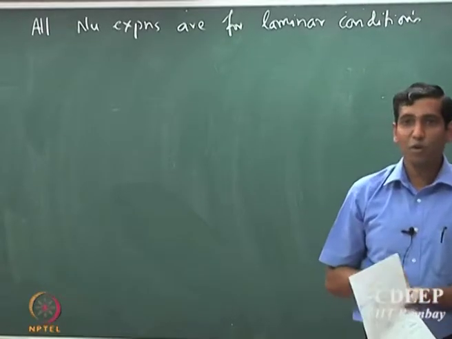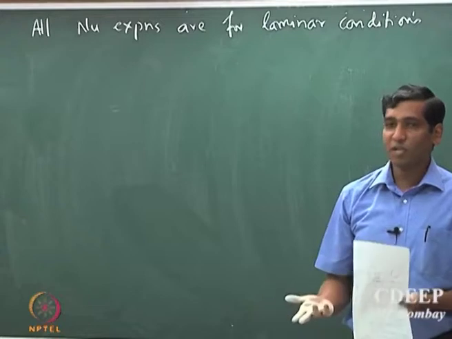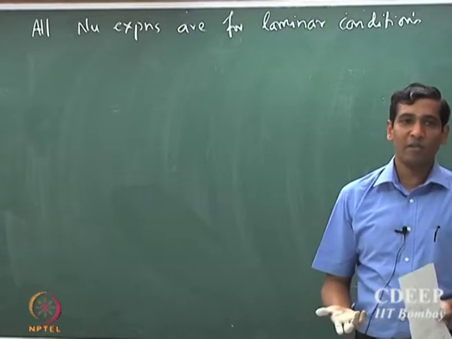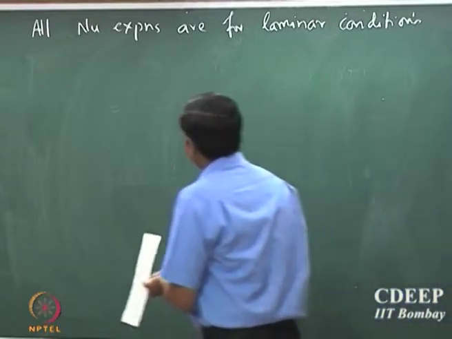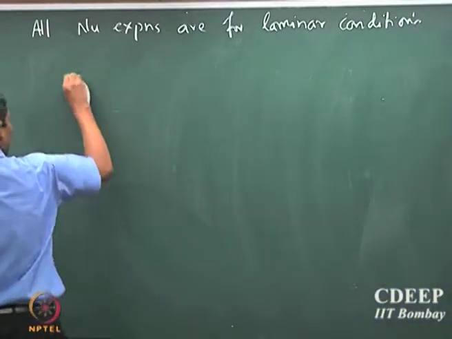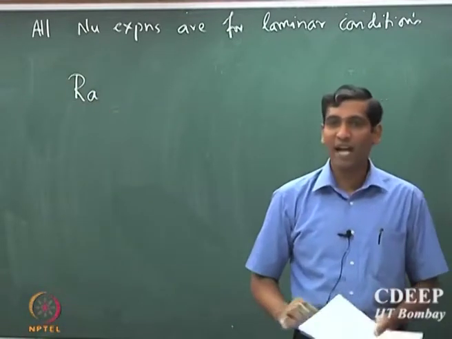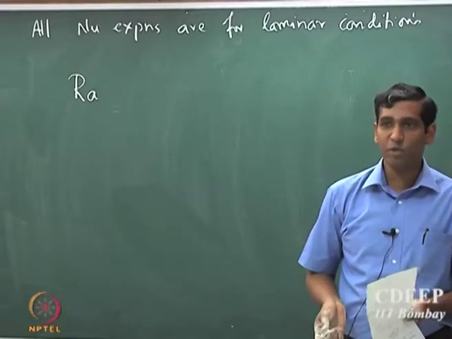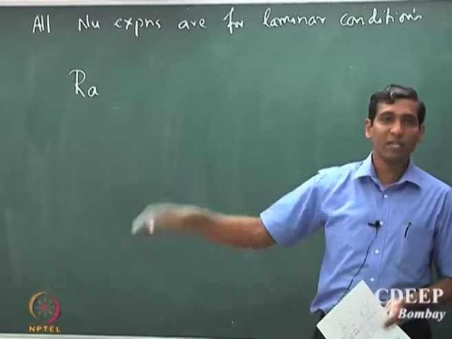Remember that there is no reference velocity. So the question is how do I define what is laminar and what is turbulent. A new dimensionless quantity called the Rayleigh number is used for distinguishing the laminar and turbulent conditions for these kinds of problems.